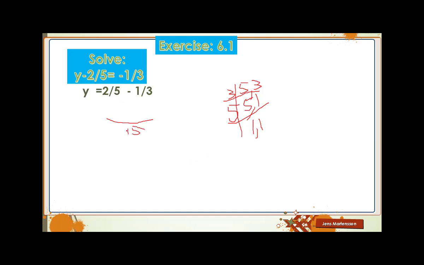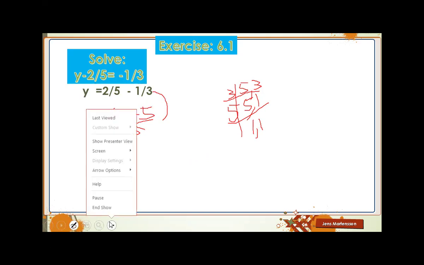5 3s are 15 and 3 2s are 6. So we can write 6 over here. Here 3 5s are 15, 5 1s are 5. We get 6 minus 5 over 15.